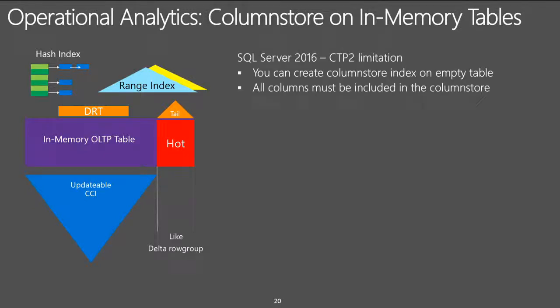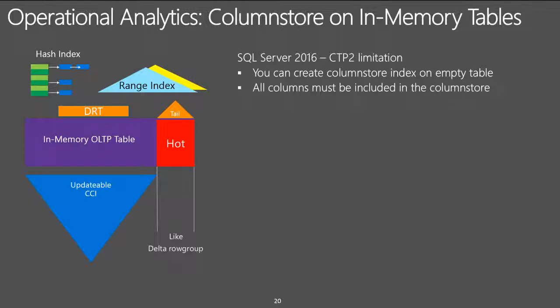So there are a few limitations on this one. I want to walk you through those things. The CDP2 limitation, this is the build that will come out soon. You can try these features yourself. First limitation is only for in-memory tables. You cannot create a column store index on an existing in-memory table.